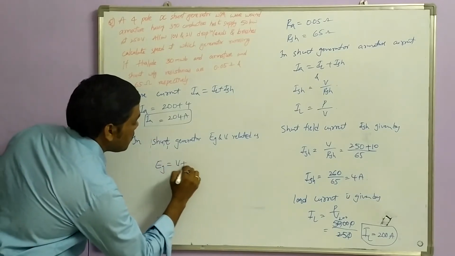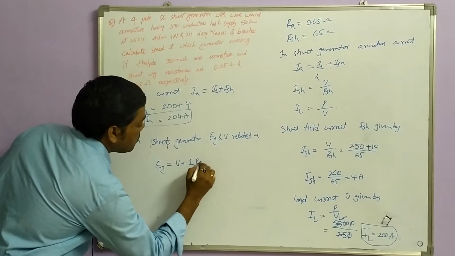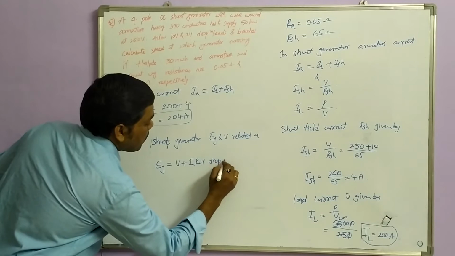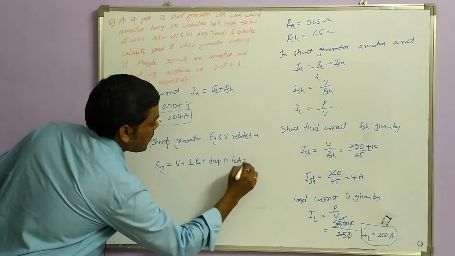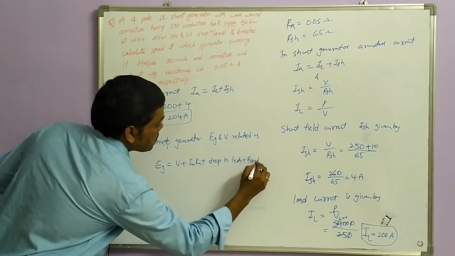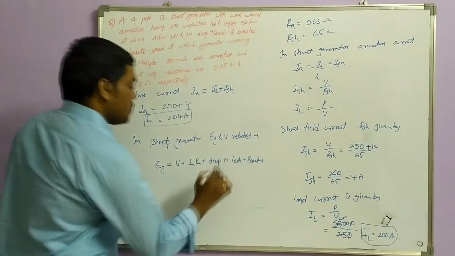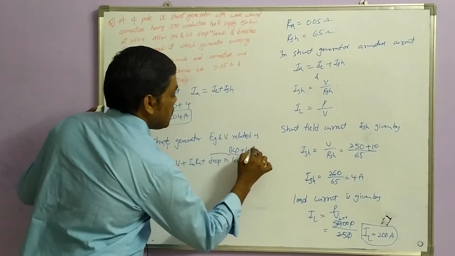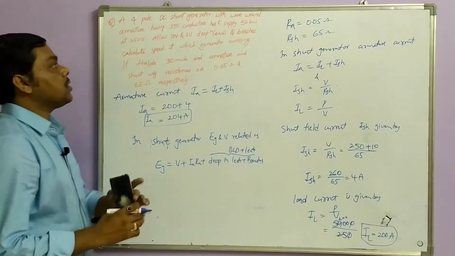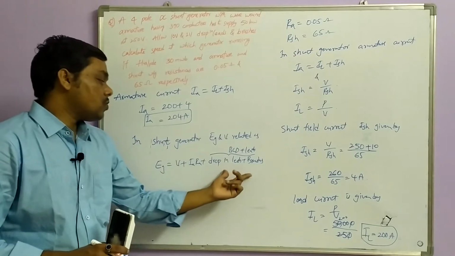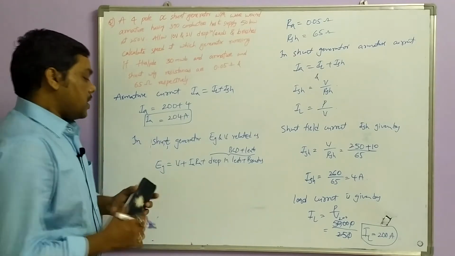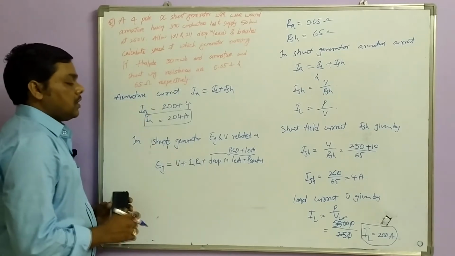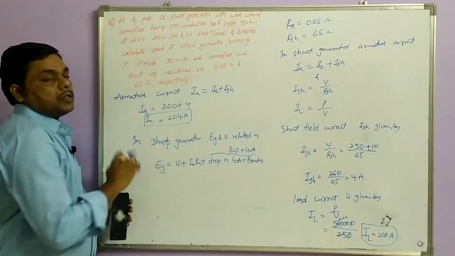EG is equal to V plus IA into RA plus drop in leads and brushes. So simply you can take it as brush contact drop plus lead drop, which is given by 10 plus 2, 12 volts here, and this is the load voltage which is given by 250, and this is the armature drop.